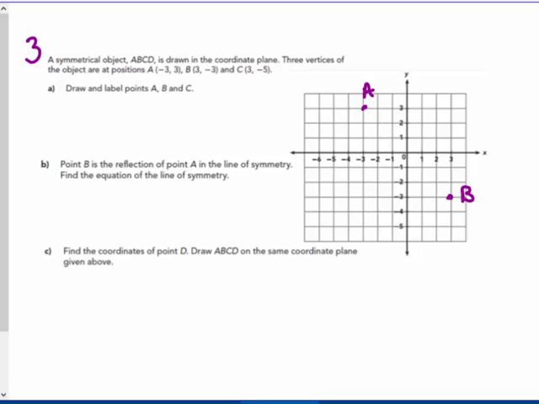C is at 3, -5. Draw and label points A, B, and C. Okay, I did part A. That was easy. Point B is the reflection of point A in the line of symmetry. Find the equation of the line of symmetry.